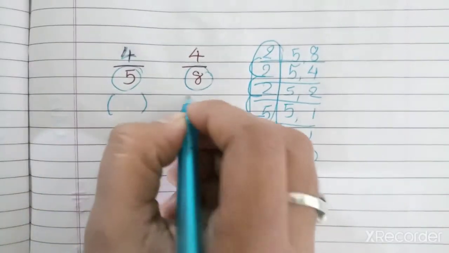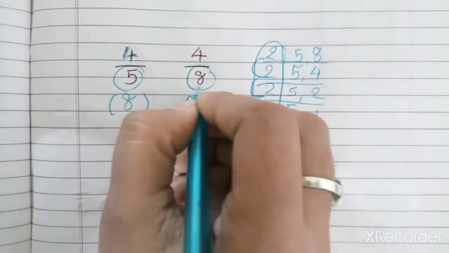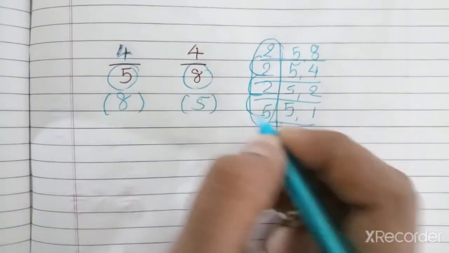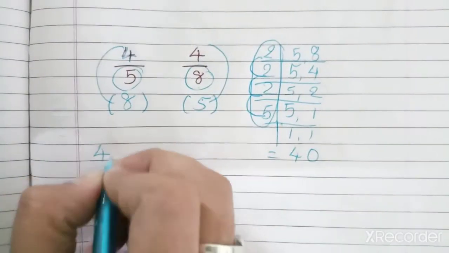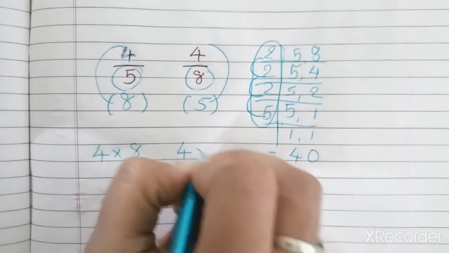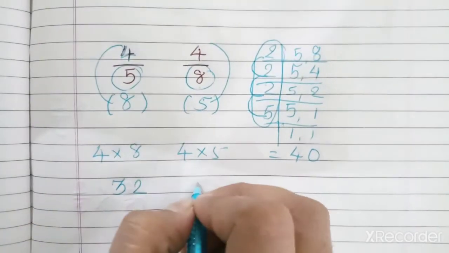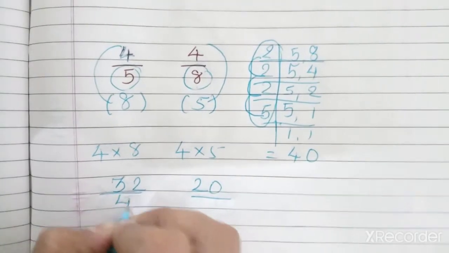In the table of 5, 40 comes how many times? 8 times. In the table of 8, 40 comes how many times? 5 times. Multiply with the numerator. 4 into 8 is 32. 4 into 5 is 20. Write the denominator below.